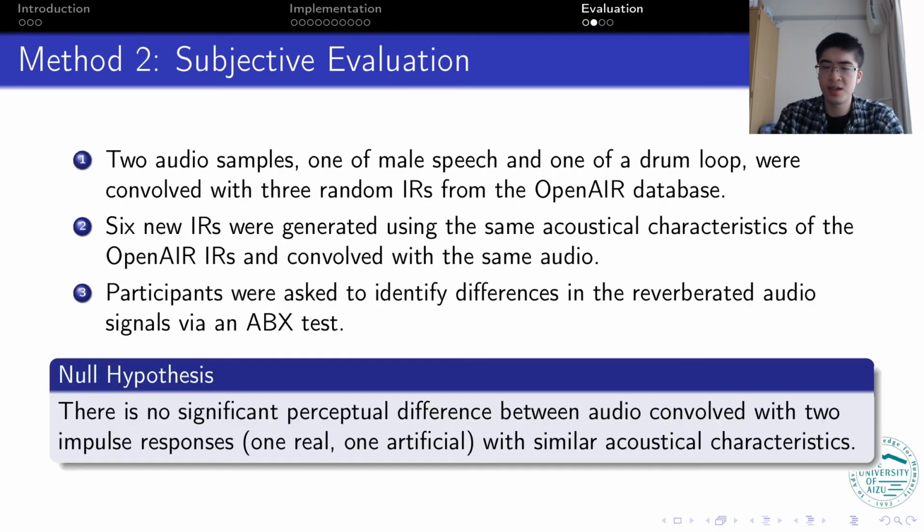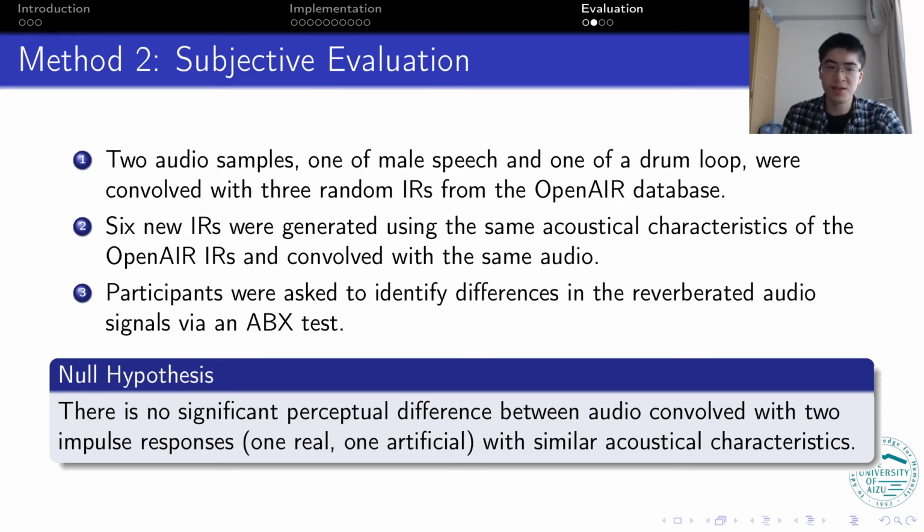And the other method is based on what you actually hear if you were to convolve an audio signal with one of our impulse responses. So what we did was we took a few real-world impulse responses from the OpenAir database, calculated the T60, early decay time, clarity, and phase ratio values for each one of them, and then with our genetic algorithm, generated a few impulse responses using those same values.